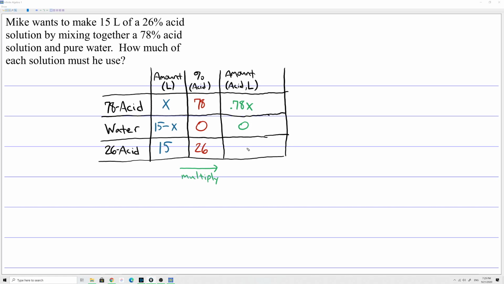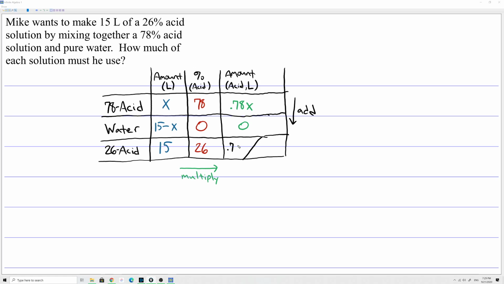And now we get to the bottom right box, where we make the observation that we always do, and that is there's two ways to fill this box in. If we're adding, because when you move down these columns, you can add the amounts, you can't add percentages, we have 0.78x plus 0.